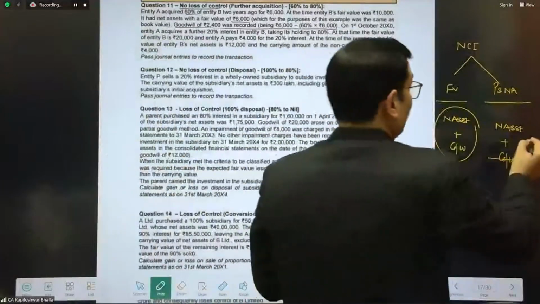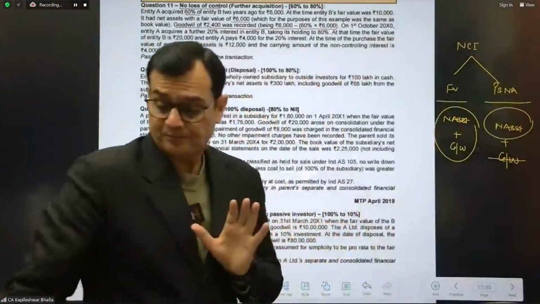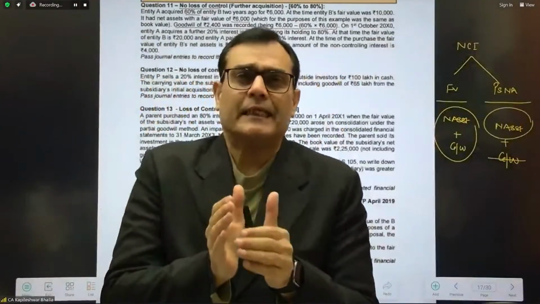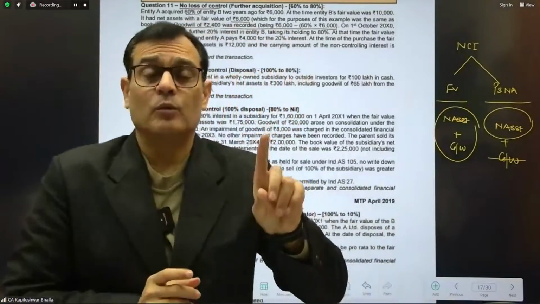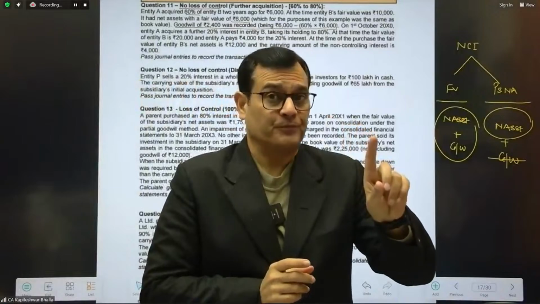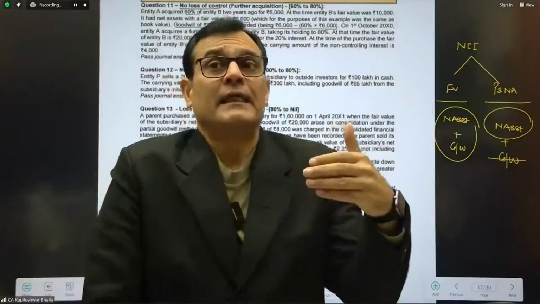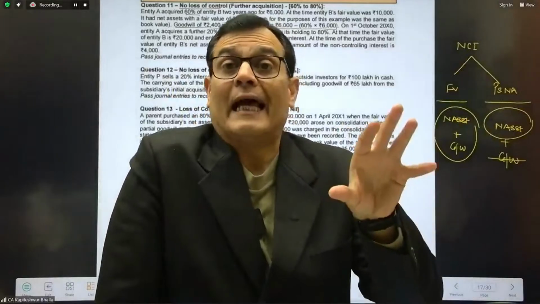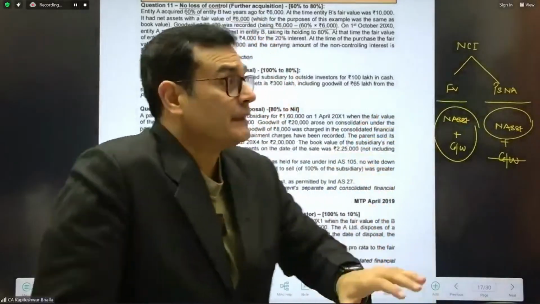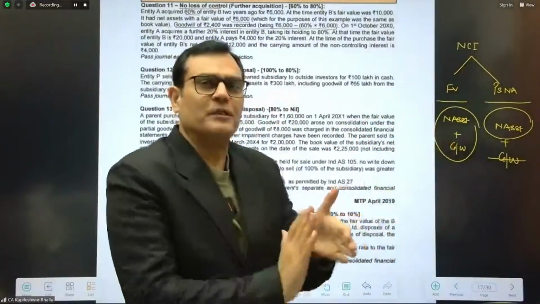Now, this is a very crucial point you need to keep in mind. Because in the entry, when you're going to debit the NCI or give a credit to the NCI, I'm talking of a case where the control continues. So if the control continues and you see that it's a further acquisition or a disposal and you debit or credit the NCI, in those particular cases, you need to be careful.